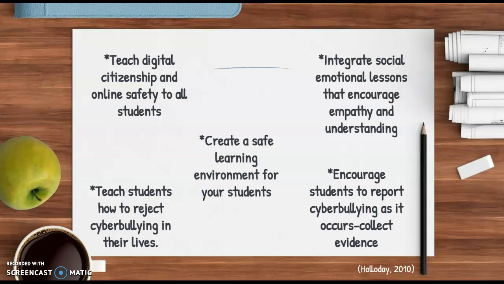That in part goes to creating that safe learning environment too, so that students feel that they can go to teachers or administrators or other peers, and that they can report those bullies and know that there are going to be consequences or repercussions for them.